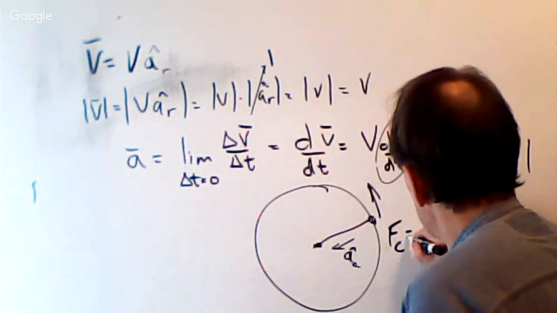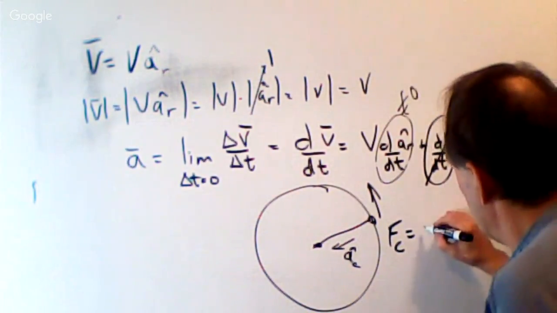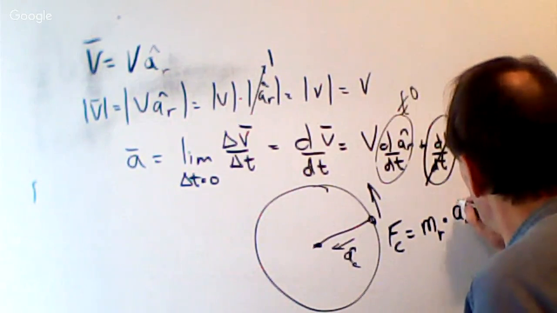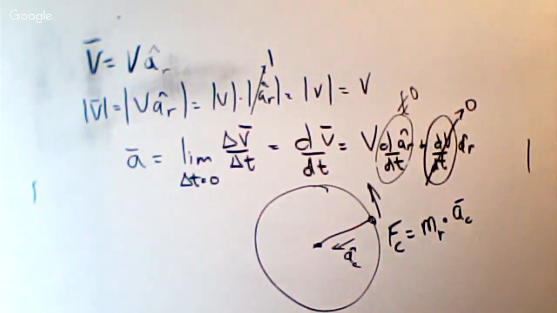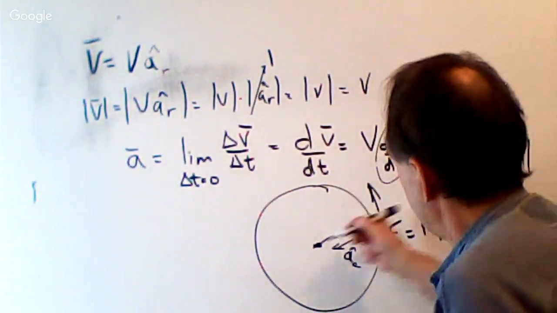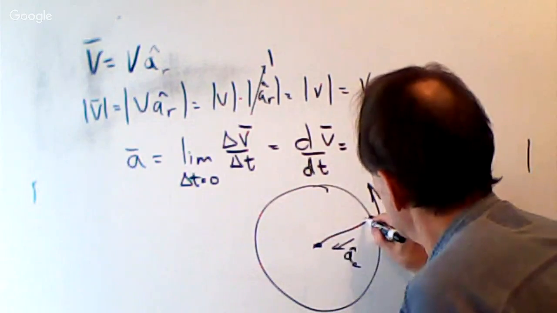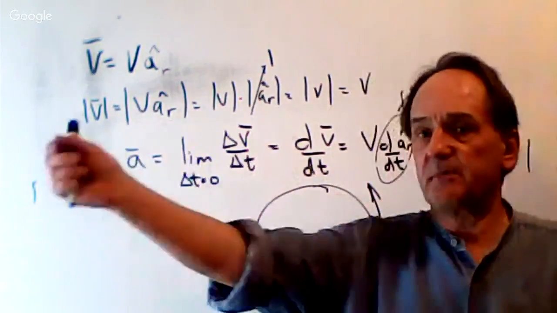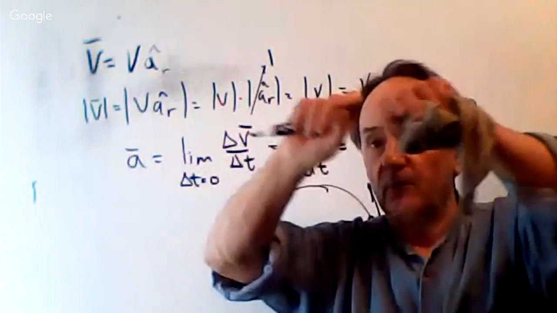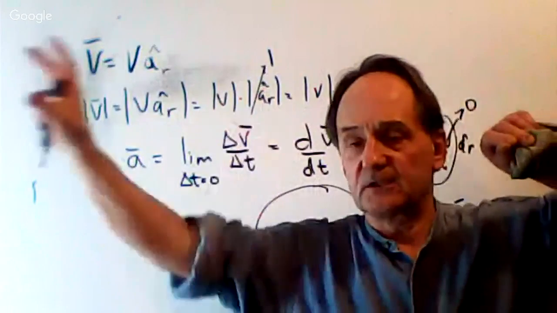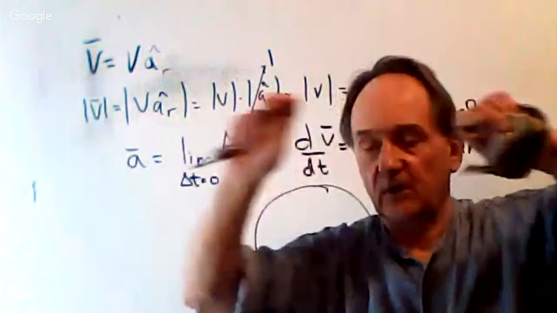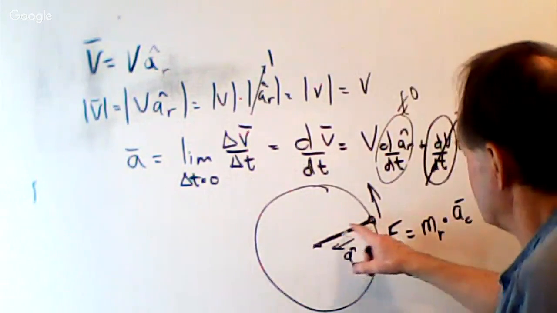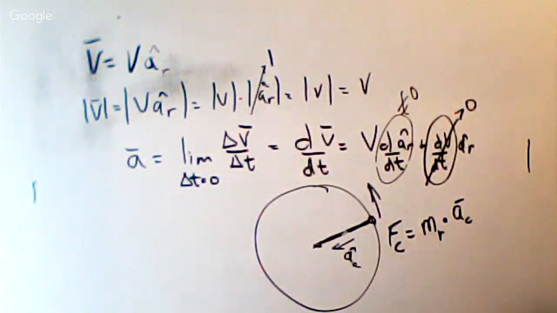The centripetal force is just F equals ma, the mass of the rock times the centripetal acceleration. Well, that centripetal force just happens to be the same as the tension in the rope. As you're spinning that rock around, there's a tension in that rope caused by the rock changing its direction all the time. And that force in the tension in the rope is the same as the centripetal force.